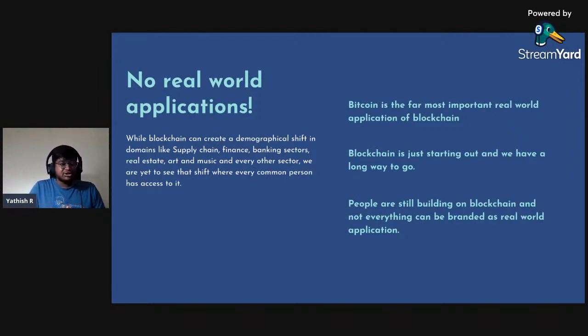We know that in supply chain, finance, banking, real estate, art and music, and every other sector, there are innovations going on, but nothing is actually useful at this point in time. Blockchain is just starting out, and we have a long way to go.